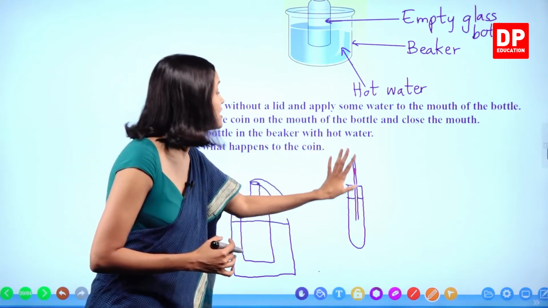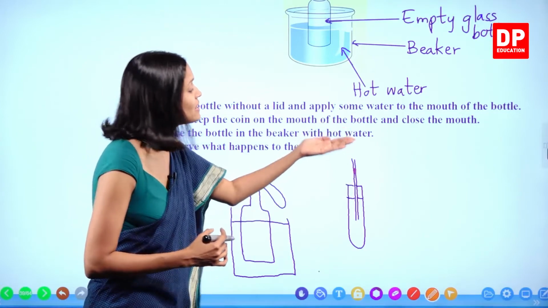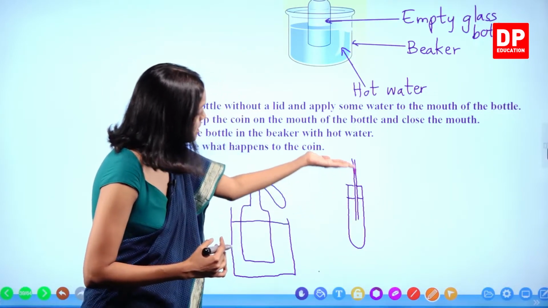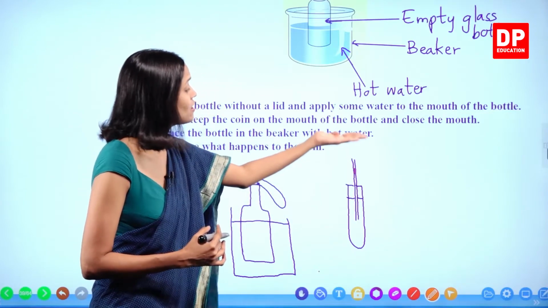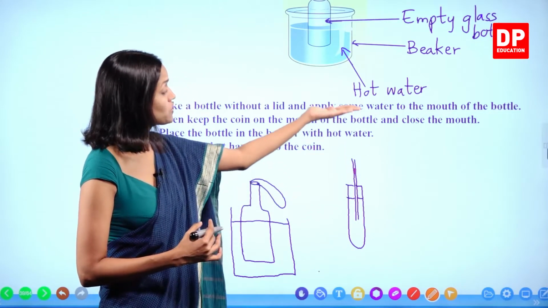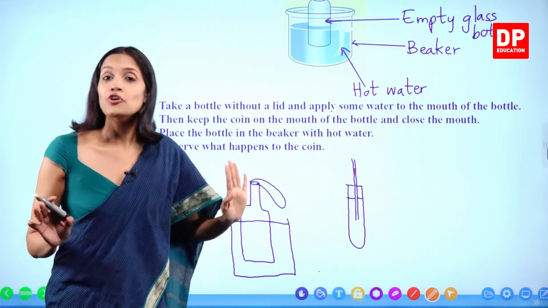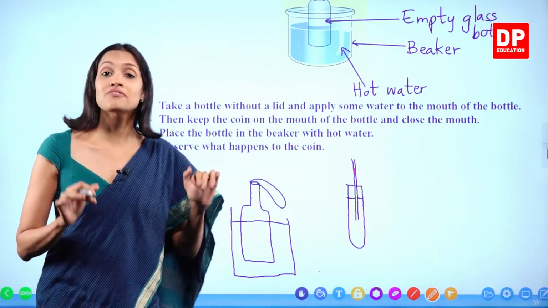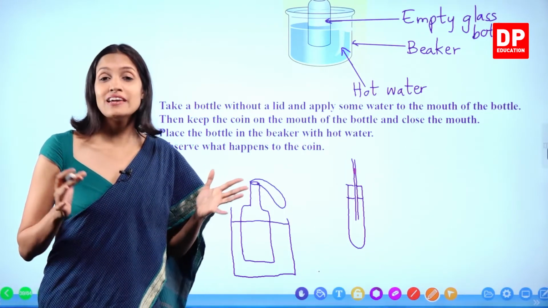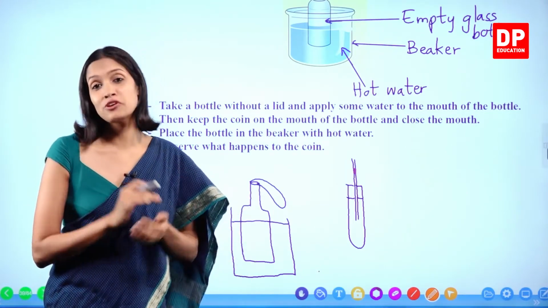The volume of the air increases, and then the increased air goes up through this empty pen tube, and because of the increased level of air, it pushes this drop of water up. Okay, children. After doing all these three activities, it's very clear that air expands when heat is provided.